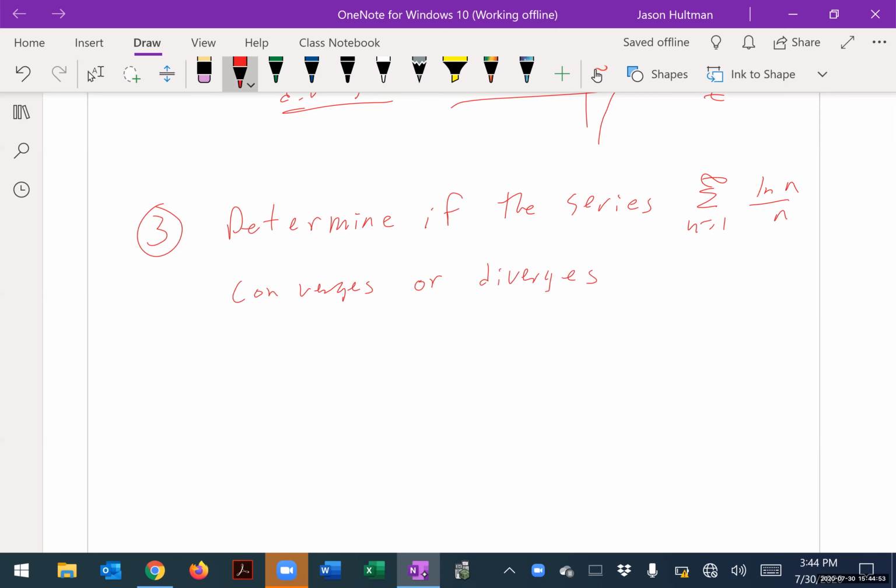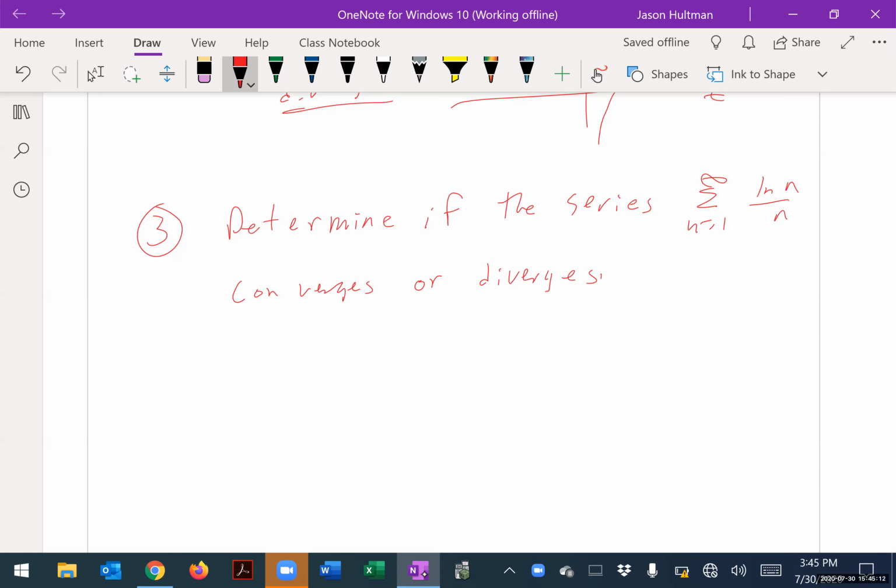We don't know what the sum converges or diverges to. We're just going to see whether or not it does. We don't know necessarily what the limit of the sum is, but we just want to know, does it converge or diverge? We just want to know the nature of it.